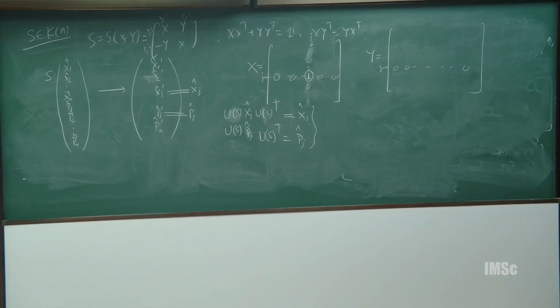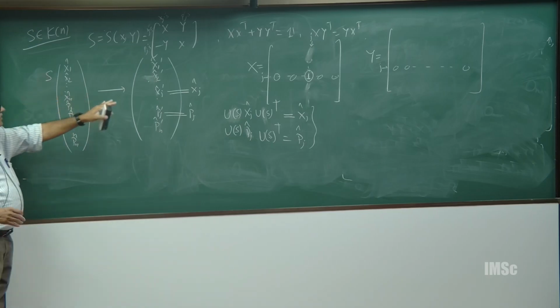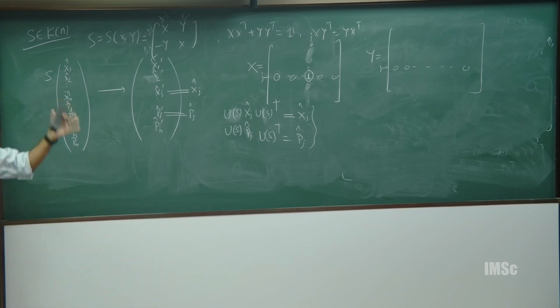So there is something called a stability subgroup. So a stability subgroup of a group is a subgroup under which a particular element or particular vector, whatever you are talking about, remains unchanged, right.